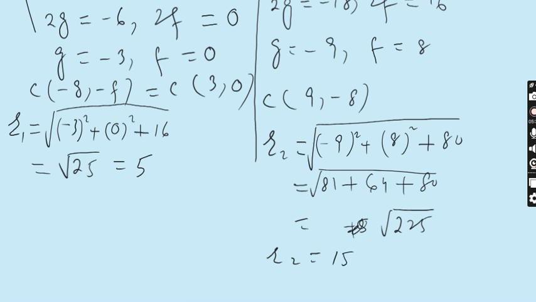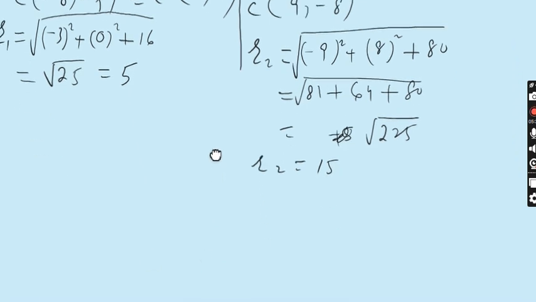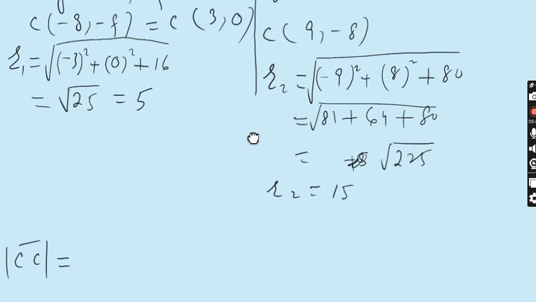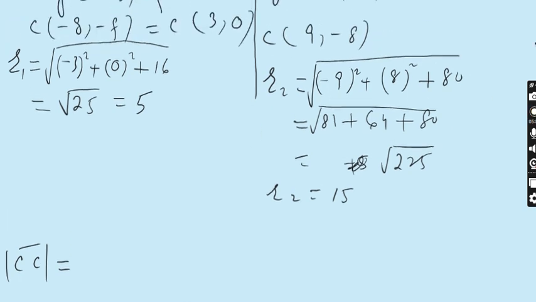Now we have to prove that two circles are touching each other. First find the distance between the centers of both the circles by using distance formula. So center C1 is (3, 0) and C2 is (9, minus 8).